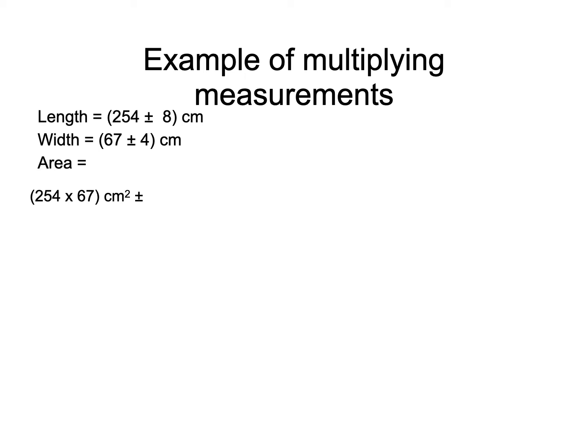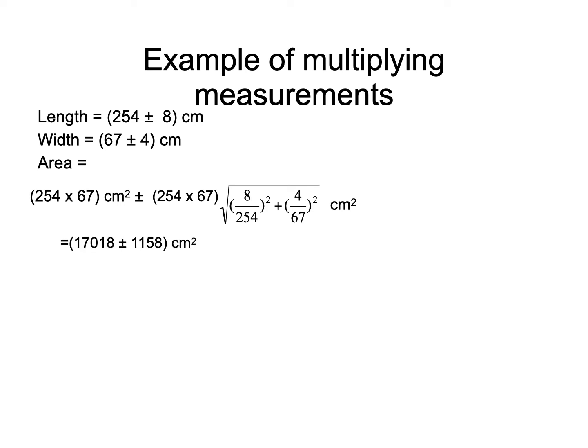To get the error on the area, you multiply the best estimate of the area with the square root of the sum of the square of the relative error of the length and the square of the relative error of the width. Using a calculator or a spreadsheet, you obtain 17,018 centimeters squared plus or minus 1,158 centimeters squared.